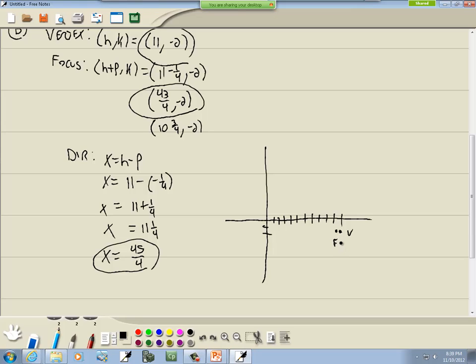They don't come out really nice for graphing purposes. 11 1/4 would be on this side like that. Okay, so if I plot points right there, and let's say right there, that one would look like this, and then this one, by symmetry, would look like that.